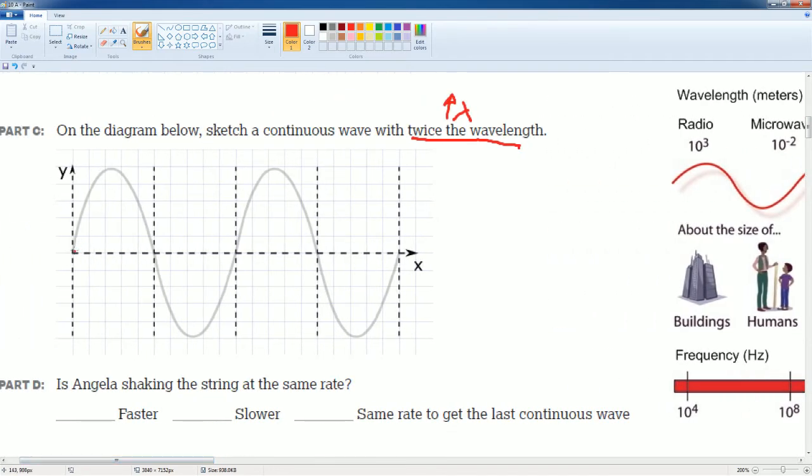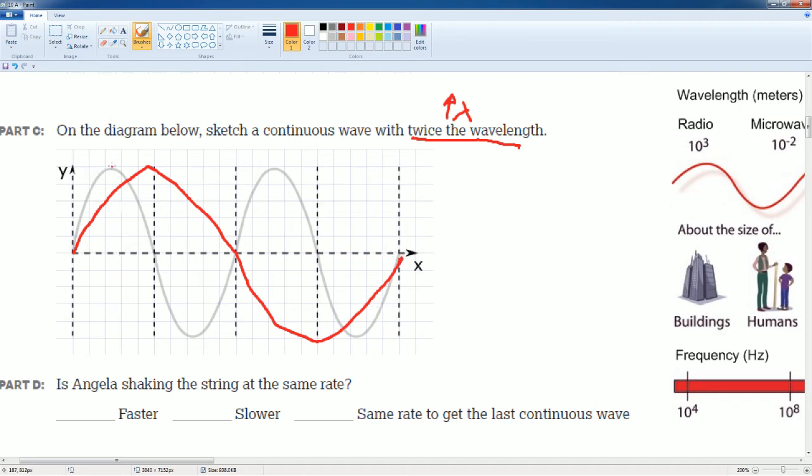The wavelength is longer. So it's going to go up here, the same amplitude, right? Then it's going to go back down. Then it's going to go down here. Then it's going to go back up. Notice that originally there were 2 of them that occurred in the same time, because the wavelength was smaller.